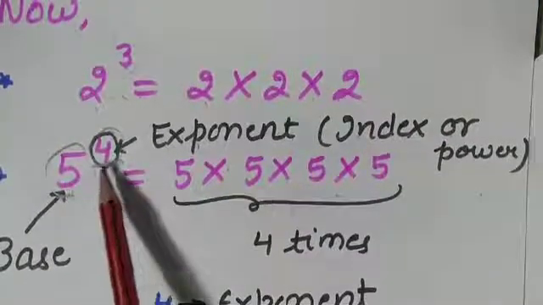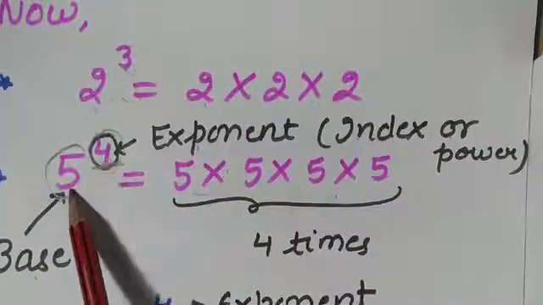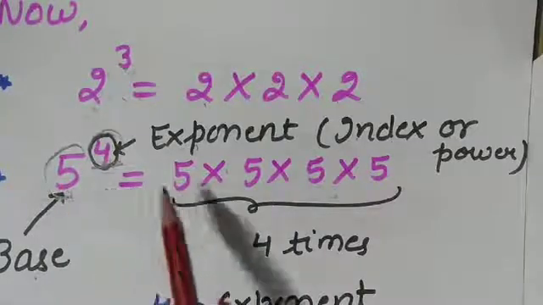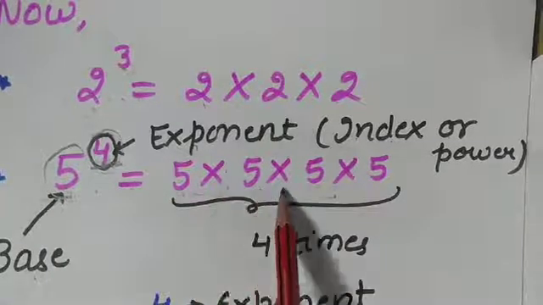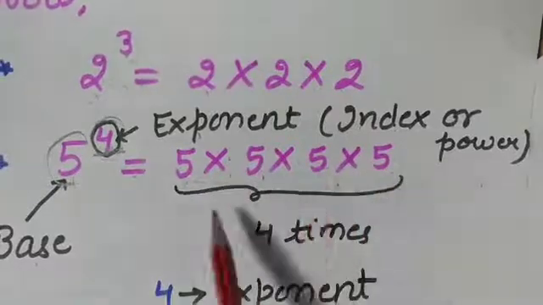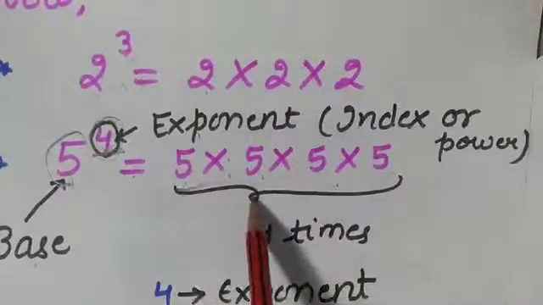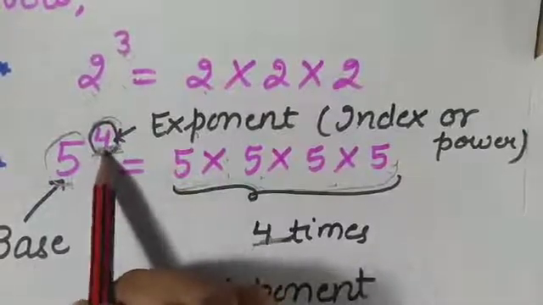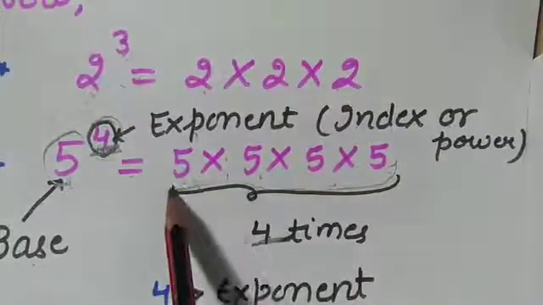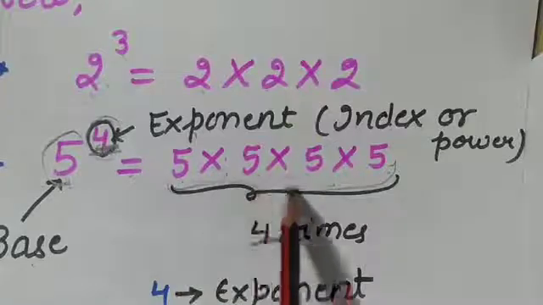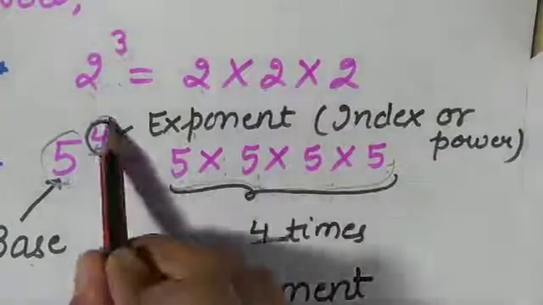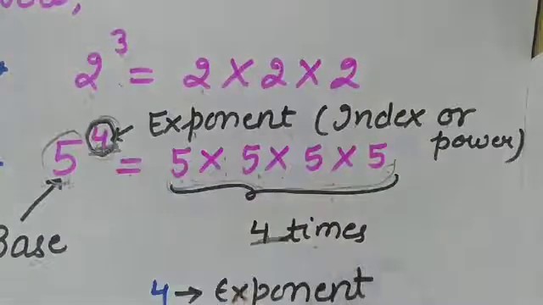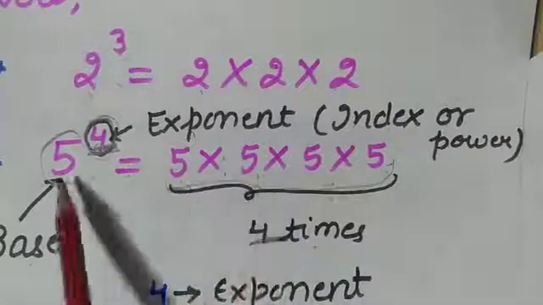Now 5 and this 4 is the superscript of 5. So this denotes 5 into 5 into 5 into 5. As we are observing that this 5 is multiplied 4 times, so this will be its exponent. Okay, the number which is multiplied as many times, that will be its exponent, and the number which is being multiplied is the base.